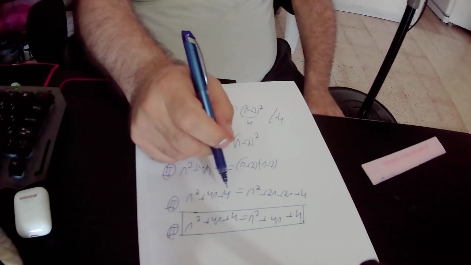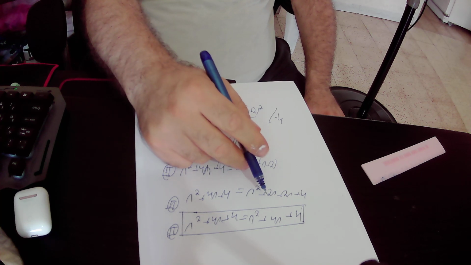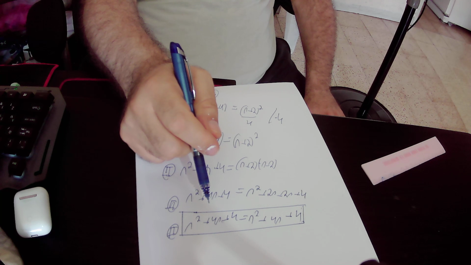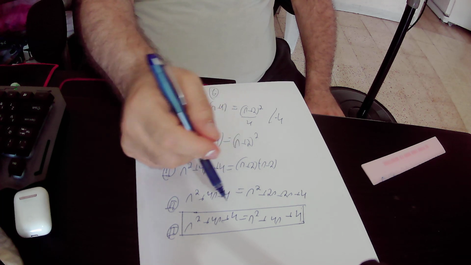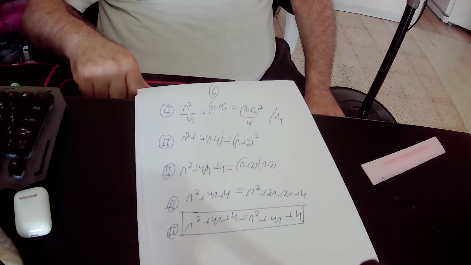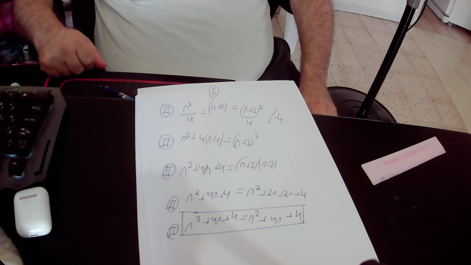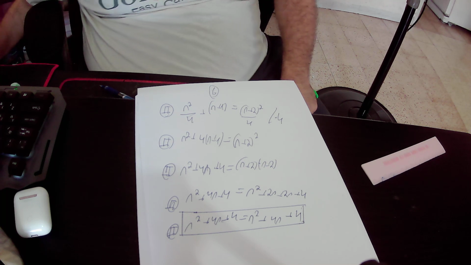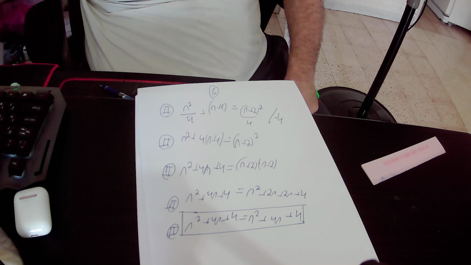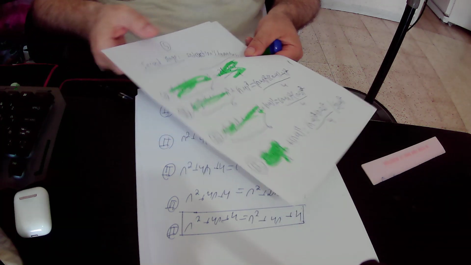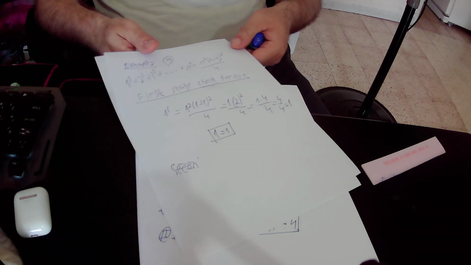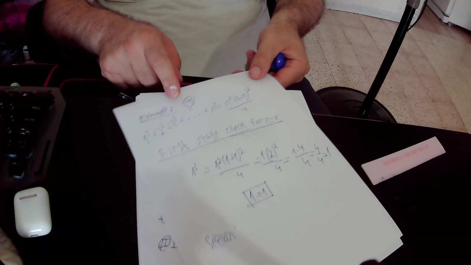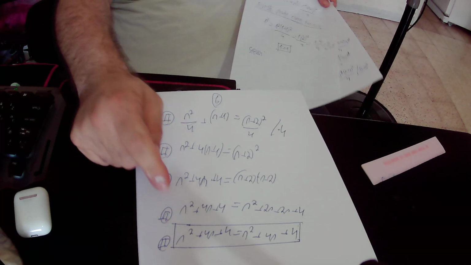Here the left side of the equation equals the right side of the equation. In both sides we have n squared plus 4n plus 4. So we actually proved that if this statement is true for n, it must also be true for n plus 1.